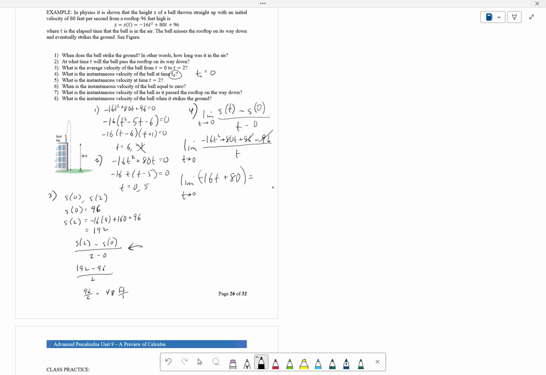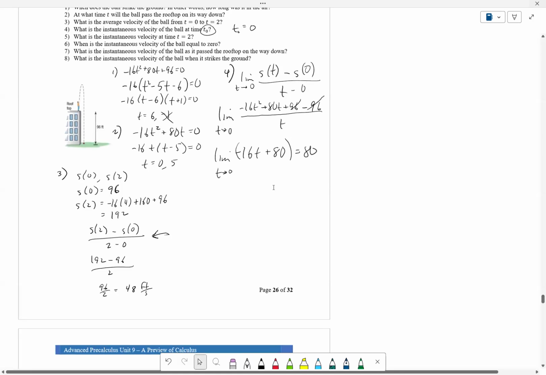So we get negative 16 times 0, which is 0, so it's 80. Did I do that right? Okay. For 5, you do the same thing, but with t equals 2. So instead of zeros, you put 2 everywhere.